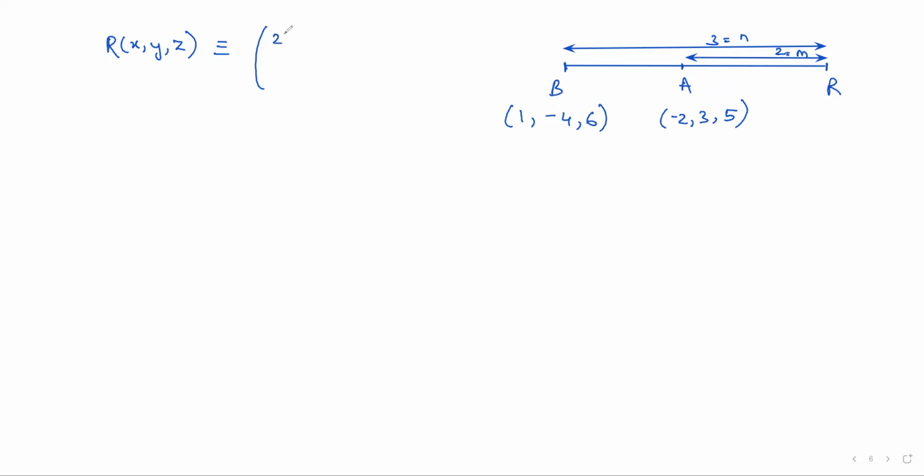So according to the formula, here you'll subtract: 2 into the other x coordinate 1, minus 3 into the other coordinate -2, upon 2 minus 3. That is the x coordinate.